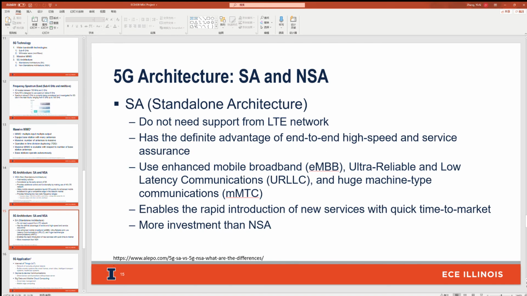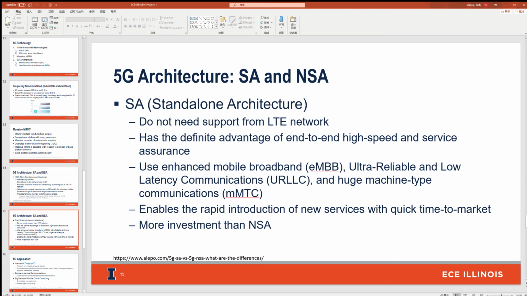So for the 5G SA, it's a completely new core architecture defined by the 3GPP that introduces major changes such as a service-based architecture and functional separation of the various network functions.